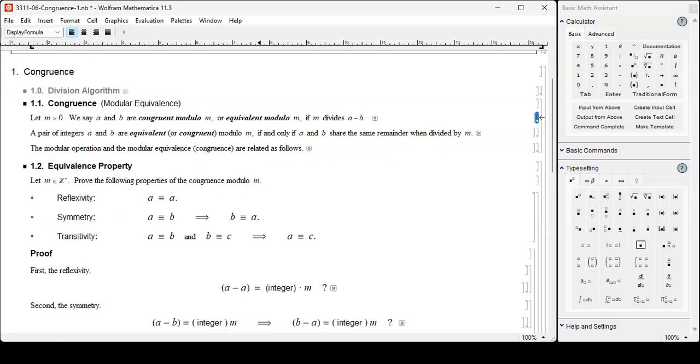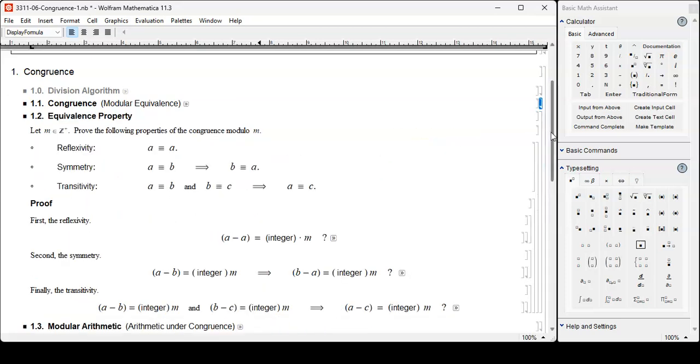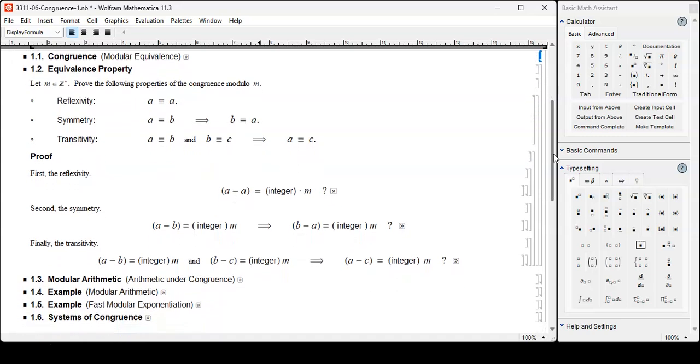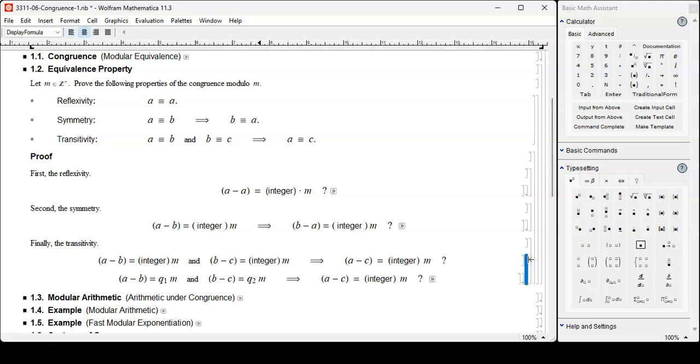Whenever you have an existential quantifier in the proof, you have to bring in a new character. So especially in the transitivity, it's very important that you have two different integers, not the same integer, q1 m, q2 m. So each time you have an existential quantifier, use a different character. Please remember that. I've seen too many mistakes all over.